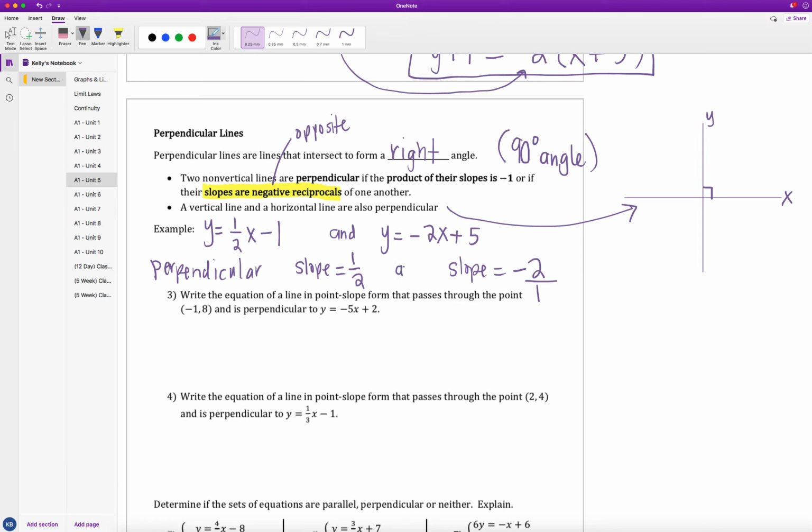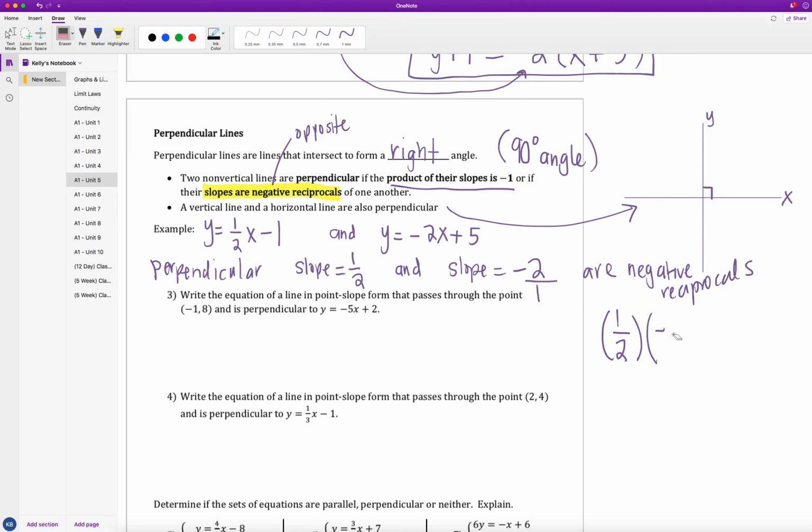So our slope of 1/2 and our slope of -2 are what we call negative reciprocals. If I want to check that their product is equal to -1, let's do that on the side. If I multiply these two, I get 1/2 times -2.